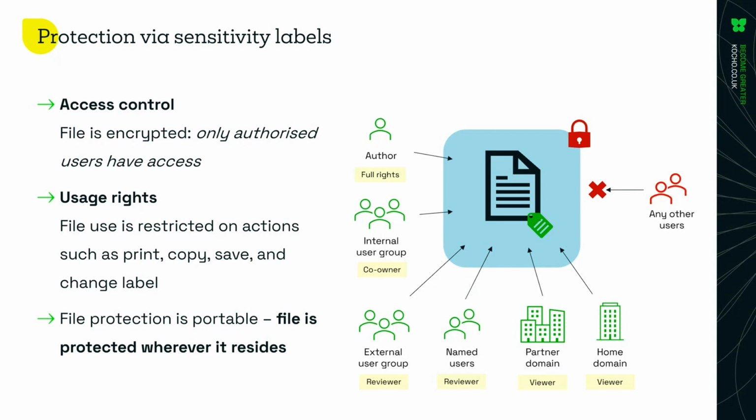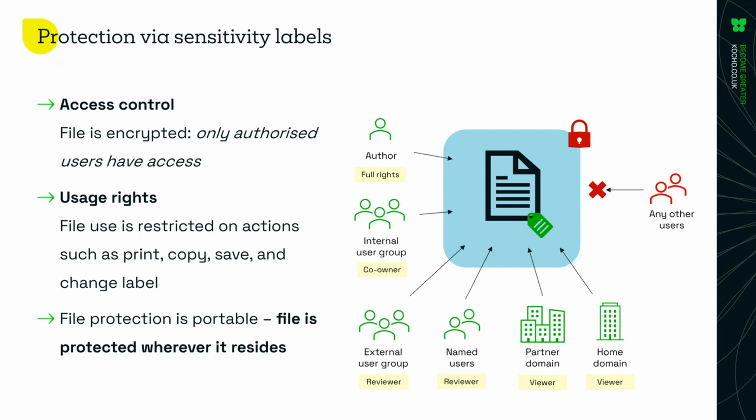The important usage right with respect to Copilot is essentially the view. It's being able to view it. So if you don't specify view rights to a particular set of users, like any other users on the right there, they don't have access to that document. They can't get in. They haven't been specified as having any rights.